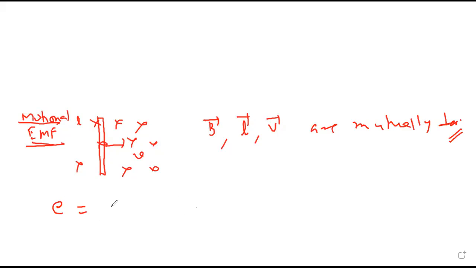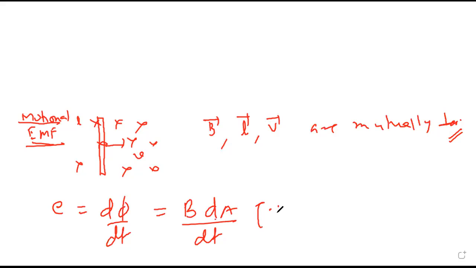We know that E is d phi by dt, correct or not? Yes, sir. d phi is B into dA. This is also clear. Yes sir.